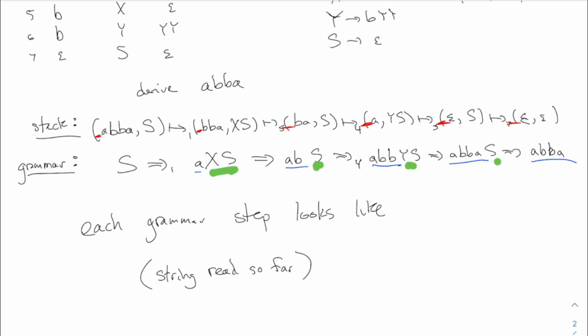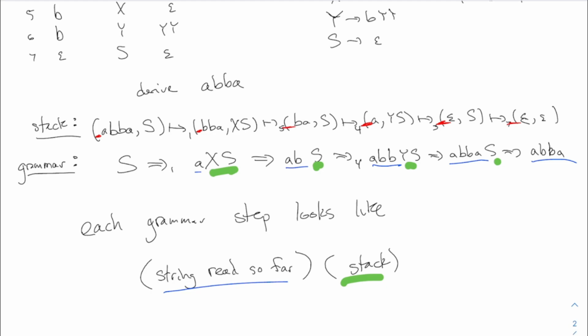Then the blue part is followed by the stack, which is the green part. Each grammar step you can just break down into 2 parts: the first part is the letters which have already been read from the string, and the second part is the stack.